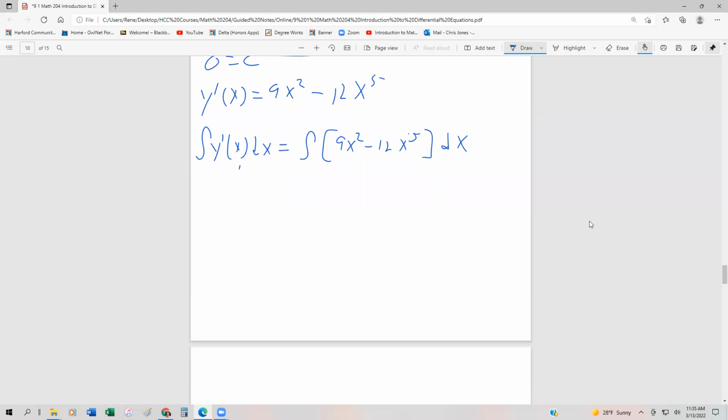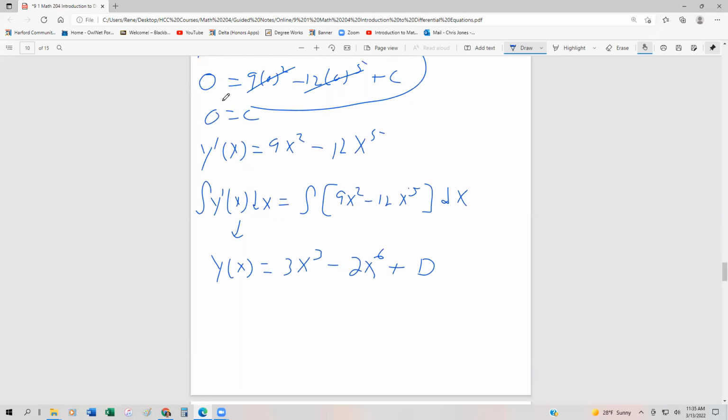So we know that the antiderivative of y prime of x dx is going to be y of x. The antiderivative of 9x squared is going to be 3x cubed. The antiderivative of 12x to the fifth is going to be 2x to the sixth. And I'm just going to say plus d, all right? Because we've already found that c was equal to 0, I'll just use d. If I wanted to, I could use something like c2.